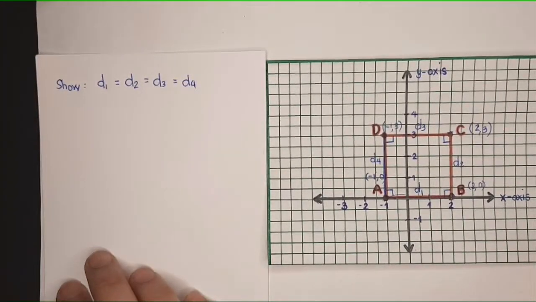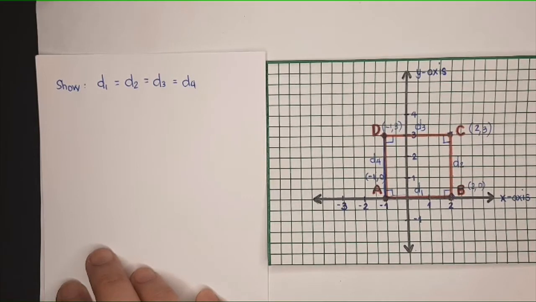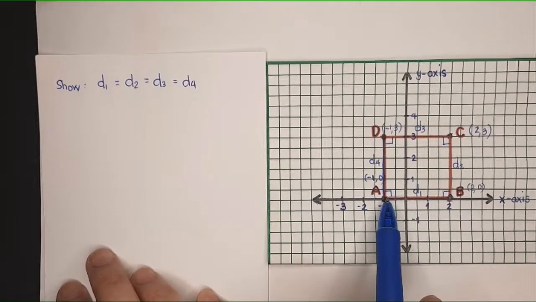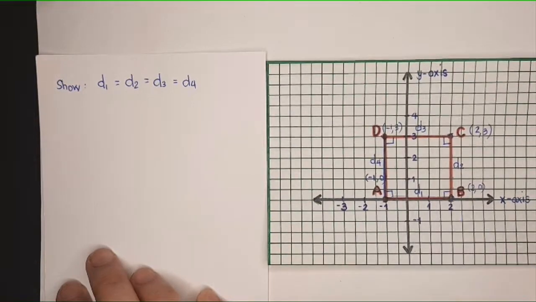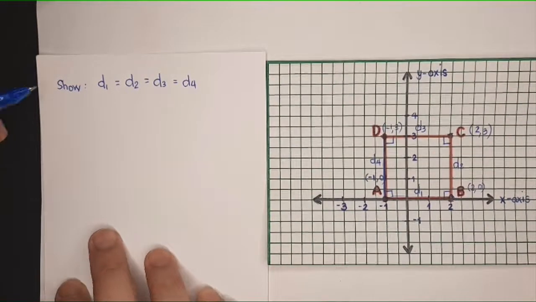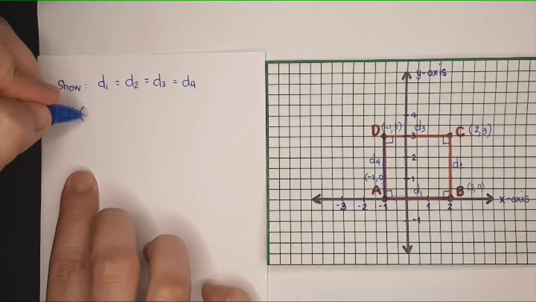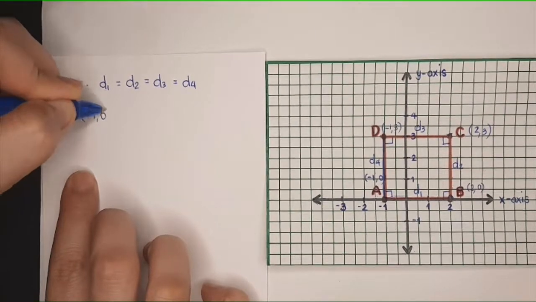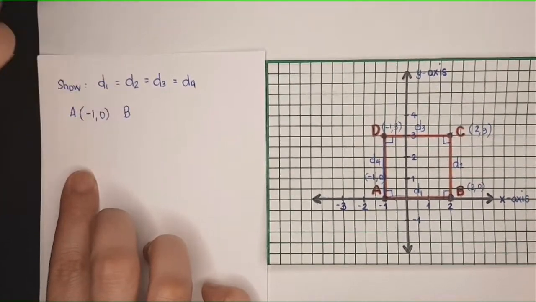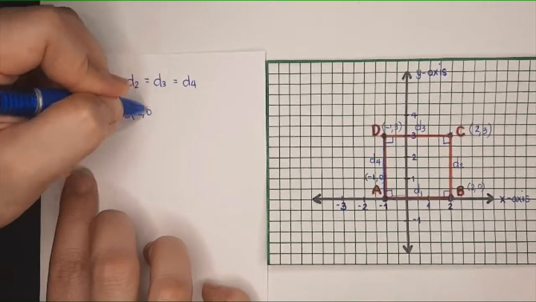Alright, let's get D1 first, the distance between A and B. You may want to write the coordinates. A has coordinates negative 1, 0, and B has coordinates 2, 0.